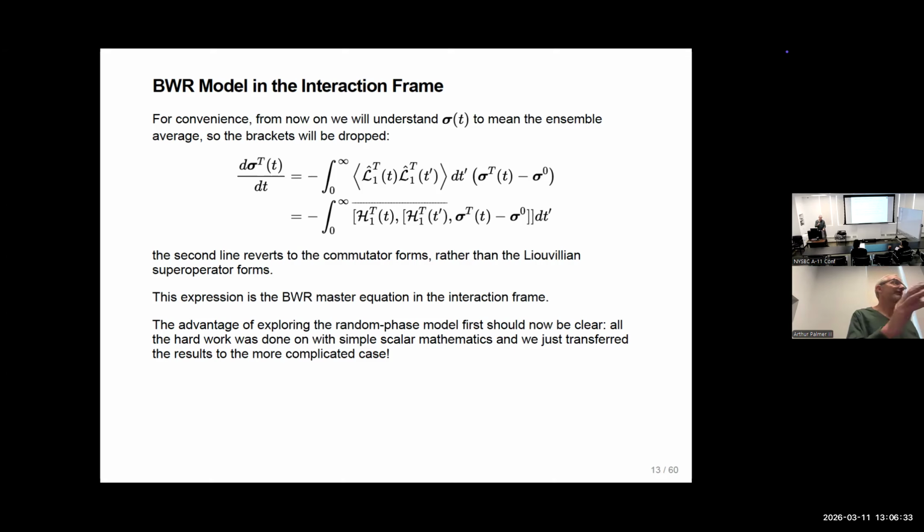That's different from our simple random phase model, because there we were just talking about fluctuations along the z-axis, so rotations around z were irrelevant, and now they're relevant. And as I said, what I'm going to do here initially is different than what's normally done in textbooks, including my own.